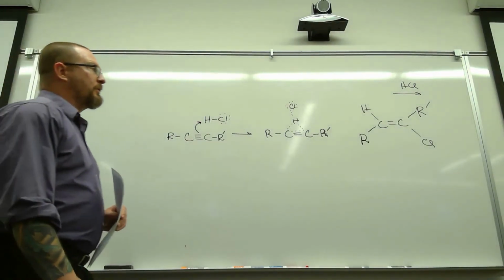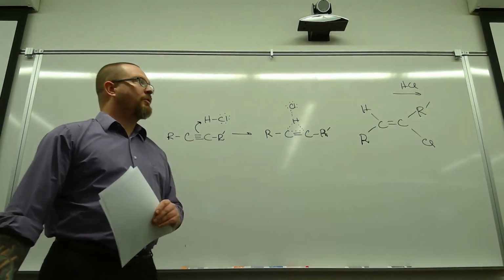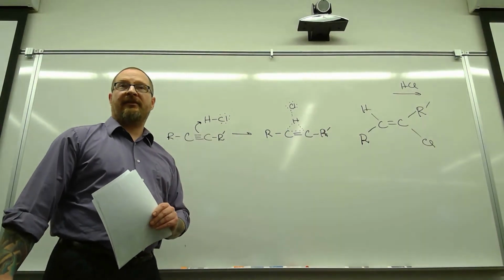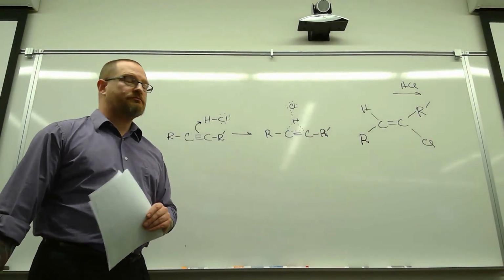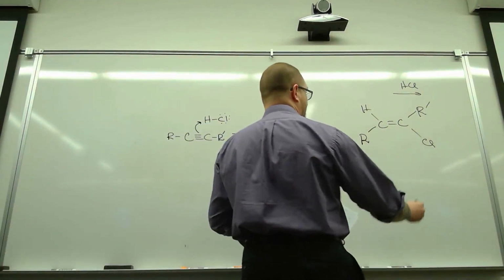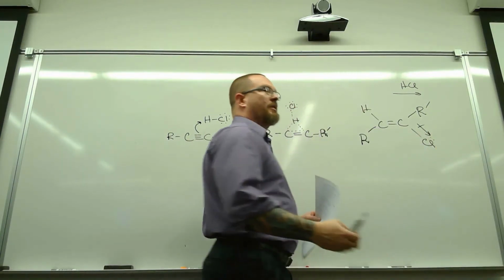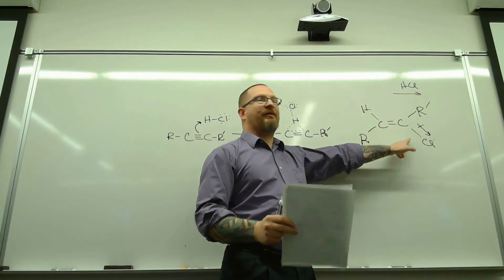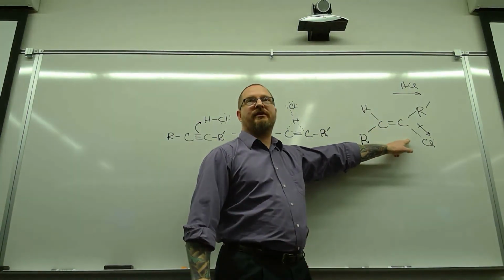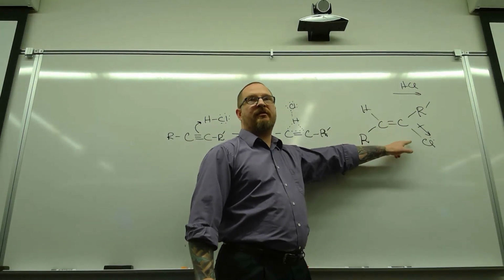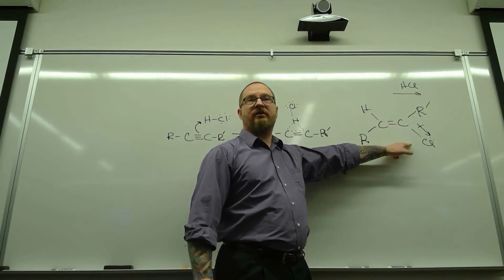Now, this alkene is not going to be quite as aggressive as it was before because of the electron withdrawing group here, pulling some of the electron density off of this, making it slightly less nucleophilic. So even though this is an alkene, it's a substituted alkene, which is no longer quite as good a nucleophile as it was.